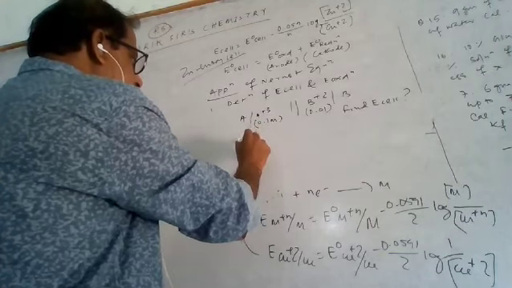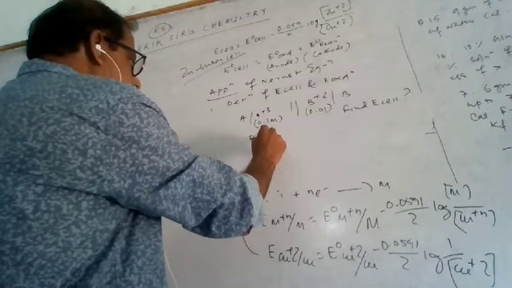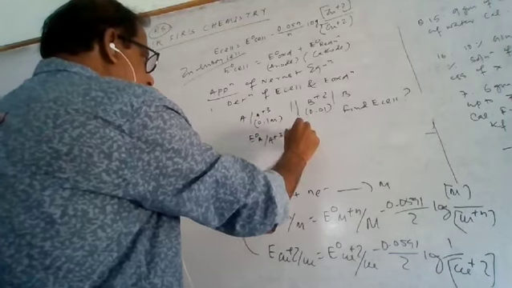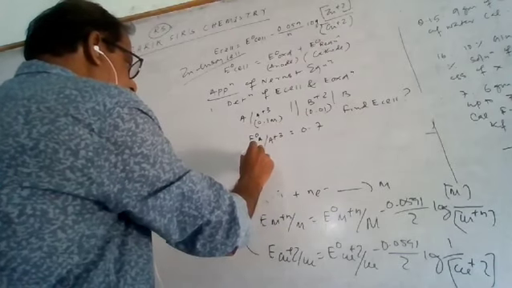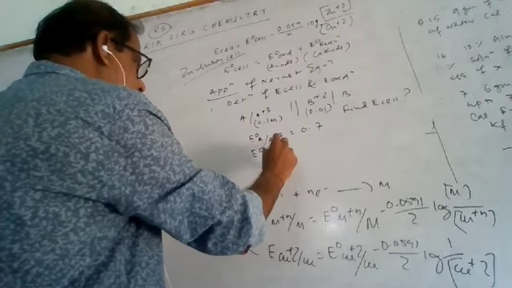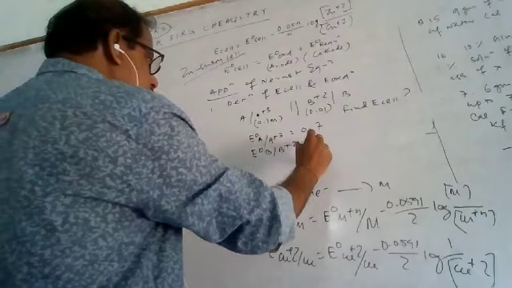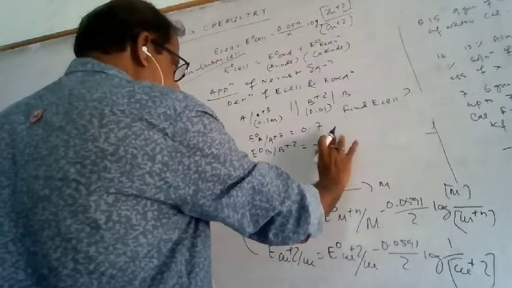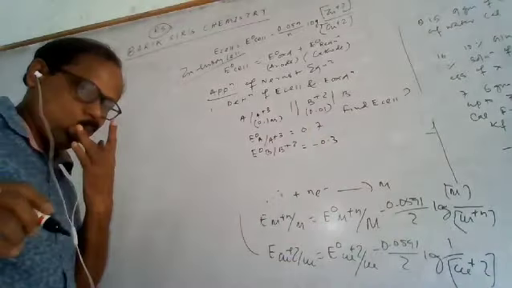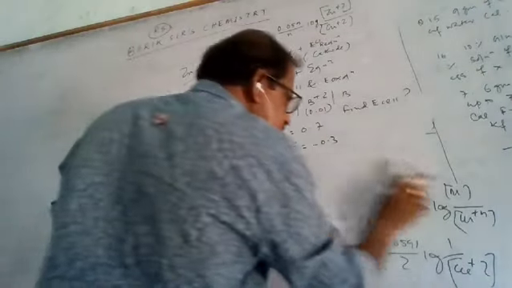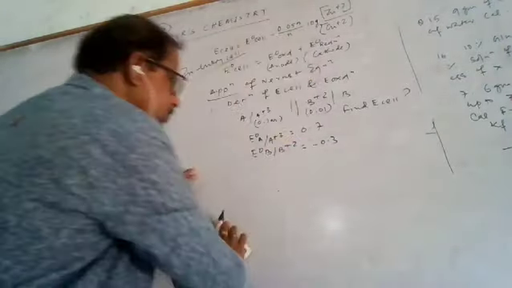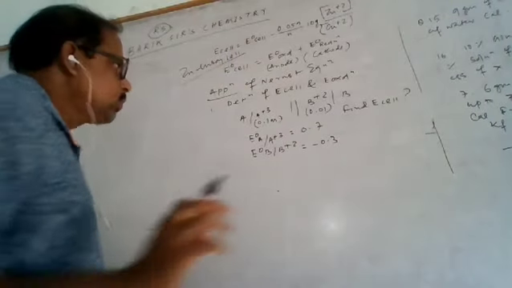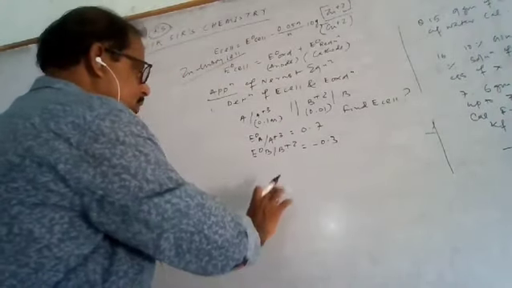It is given that E naught A to A plus 3 is equal to 0.7, and E naught B to B plus 2 is equal to minus 0.3. Suppose this is given like this. How to calculate the E cell?